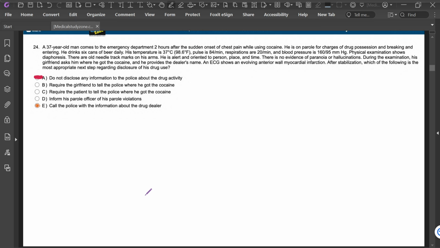Okay. A 37-year-old man comes to the ED due to 2 hours of sudden onset chest pain while using cocaine. He's on parole for drug possession and breaking and entering. He drinks about 6 cans of beer per day. Temperature, pulse and respiration are fine, blood pressure is very high. Physical exam shows diaphoresis.